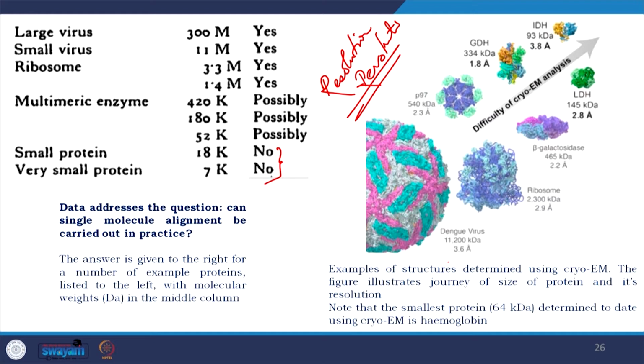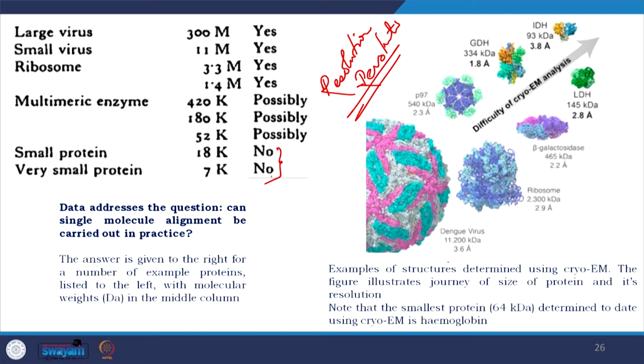beta galactosidase 465 kilodalton solved at 2.2 angstrom, GDH 334 kilodalton 1.8 angstrom, LDH 145 kilodalton 2.8 angstrom, and IDH 93 kilodalton is solved at 3.8 angstrom.